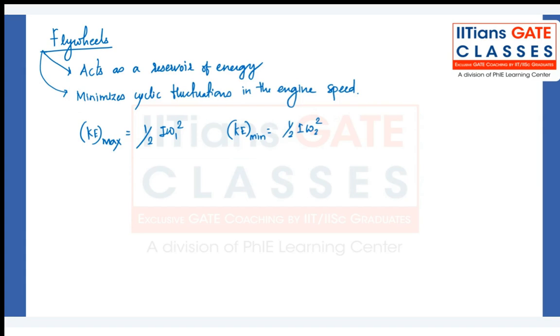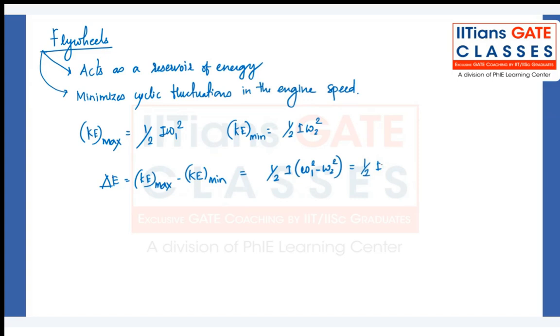Then delta E, the change in kinetic energy, is equal to maximum minus minimum kinetic energy, which is half I times (omega 1 square minus omega 2 square). So this much amount of energy is stored in the flywheel, which we can then utilize.